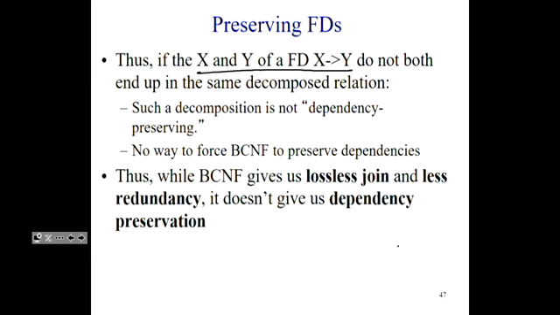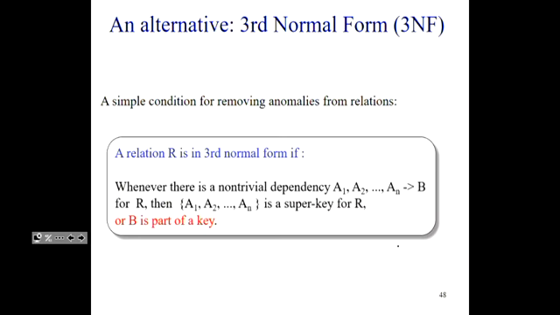Okay? So what do we do for this? The alternative is the third normal form. The third normal form has the following property. A relation is in third normal form, or 3NF, if whenever there is a non-trivial functional dependency A1 through AN implies B, then either A1 through AN is a superkey for R or B is part of a key.